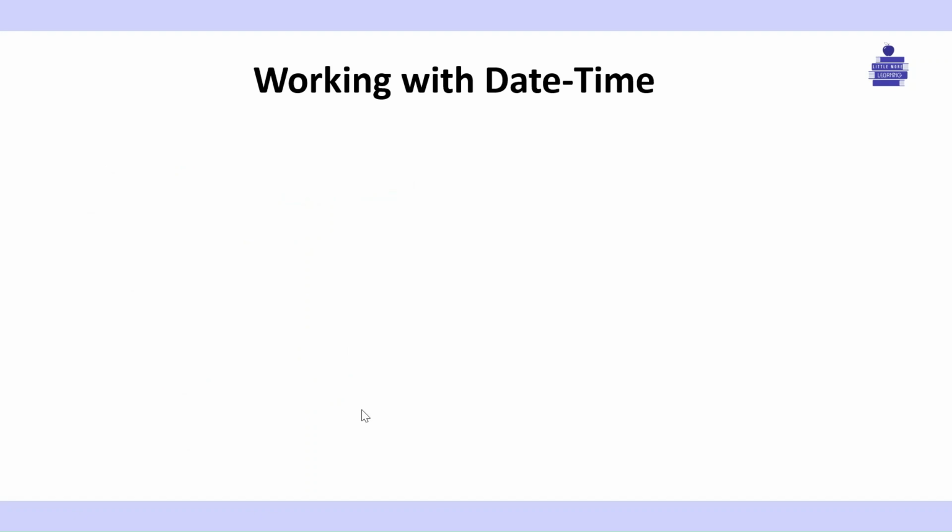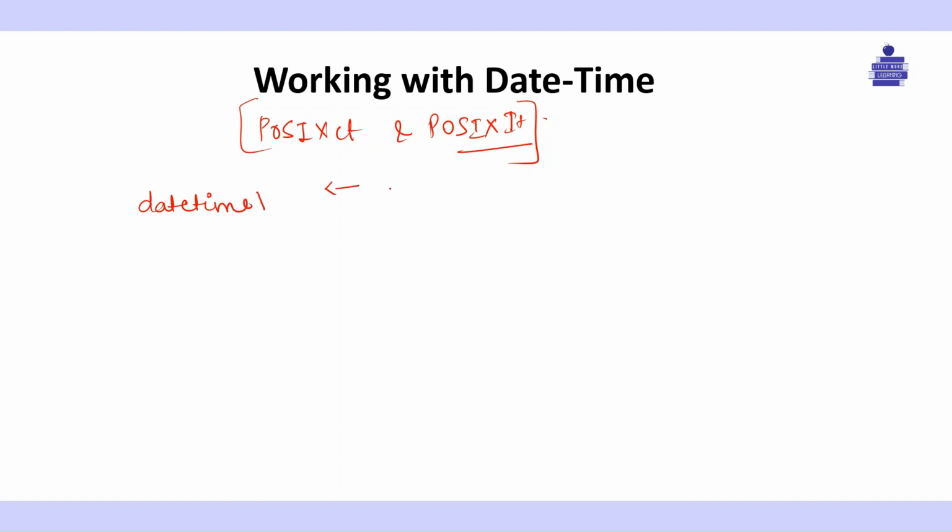Next is working with date time, as we learned earlier, POSIXct and POSIXlt. If time is included, we use either of them. So let's take a quick example. We have datetime1 as the variable, and it has the value as.POSIXct applied to a string, adding date and time both to it.